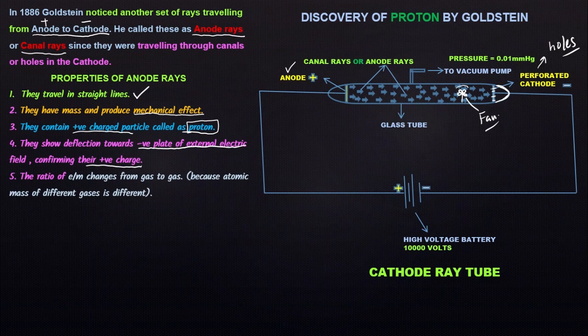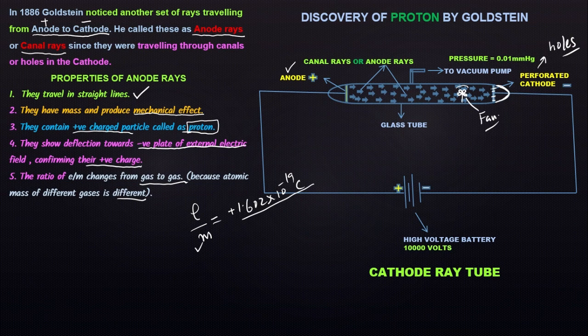Now, e by m. The e by m changes from gas to gas because the atomic mass of different gases is different. So if you try to check e by m for proton, for that you need the charge of a proton, that's exactly equal to the charge of an electron or cathode ray, but positive, that is 1.602 times 10 to the power minus 19 coulomb. But every time, the mass of an atom is changing.